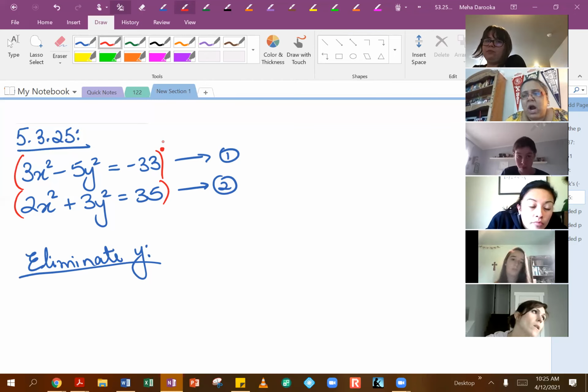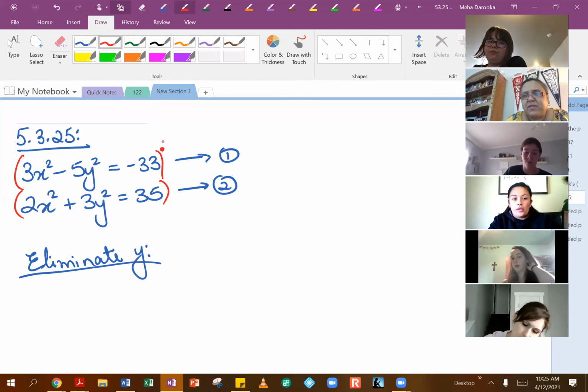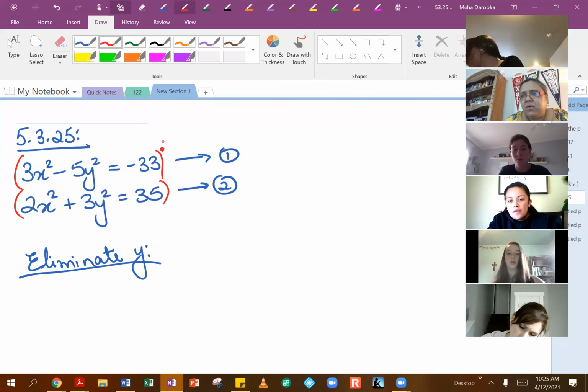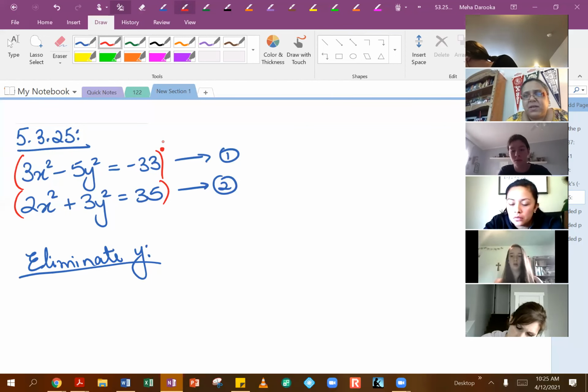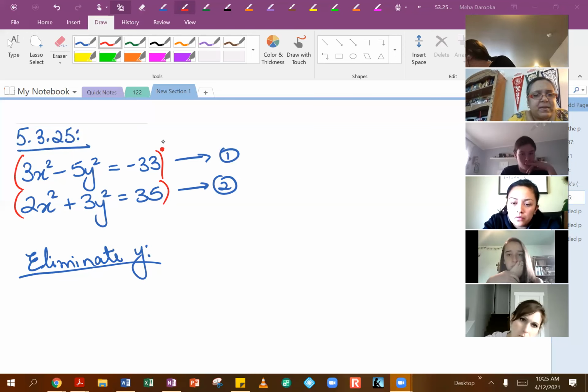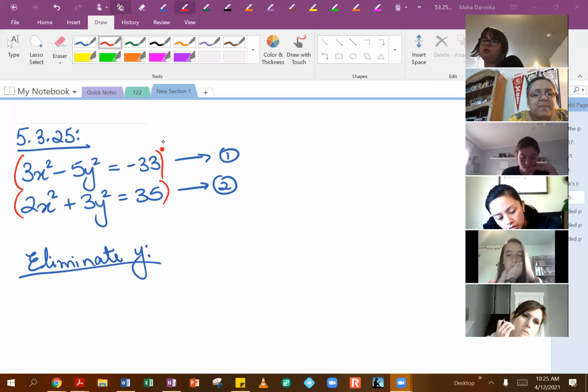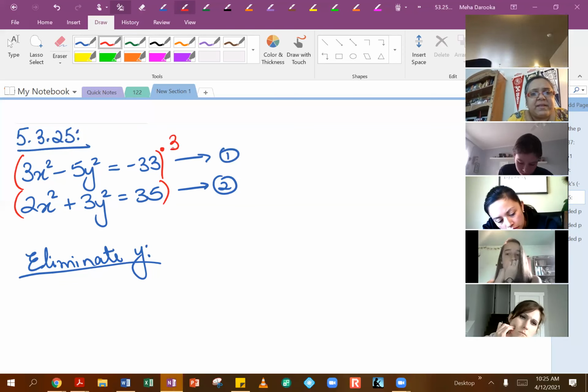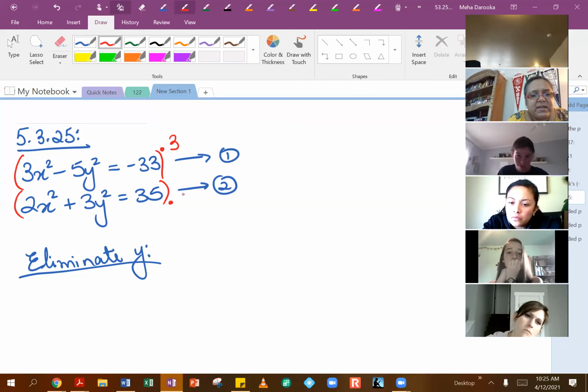Because what would be common between 5 and 3? What number would be divisible by both 5 and 3? Yeah, 15 would be the common factor. Very nice, Alice. Multiply the first equation by 3, and then what do we multiply our second equation with?